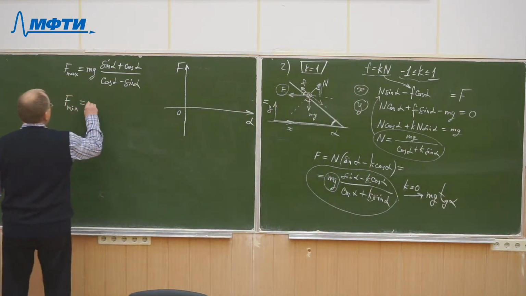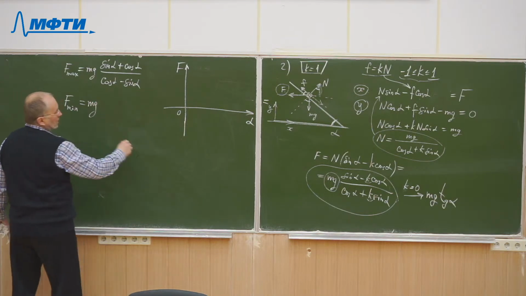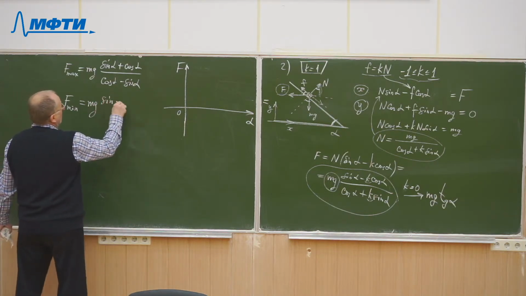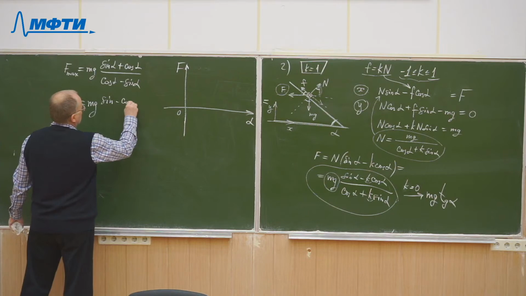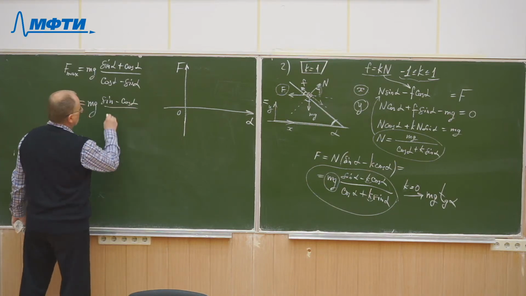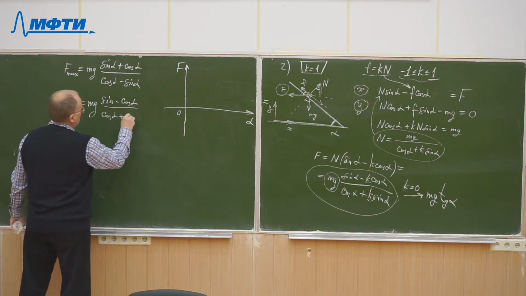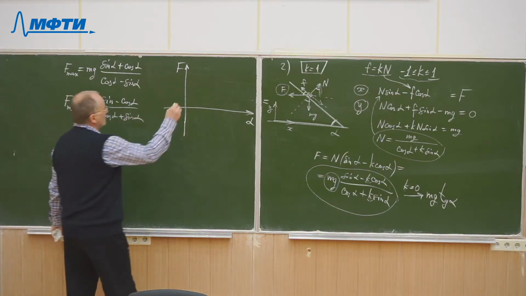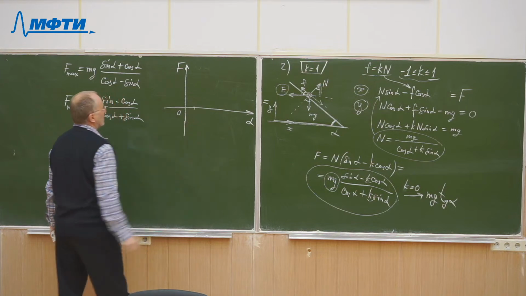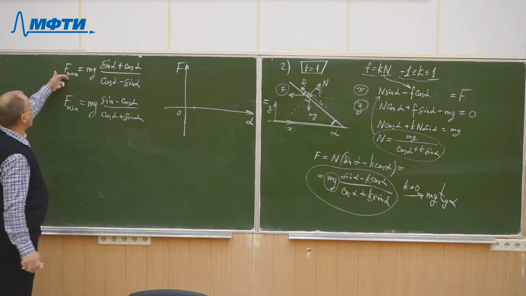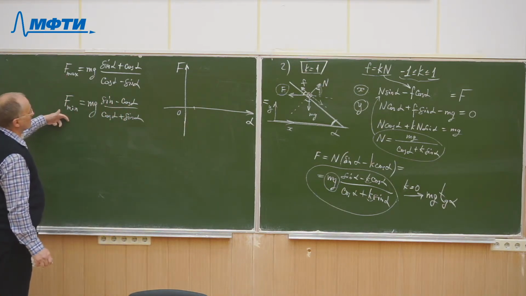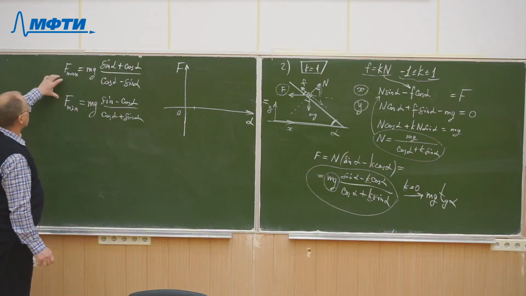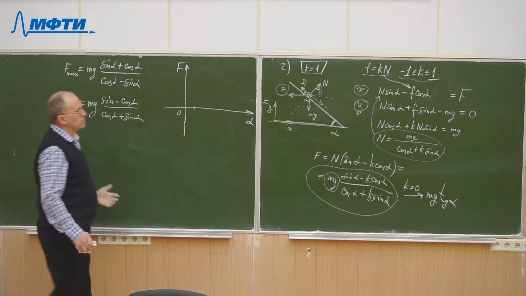So the minimum possible force will be mg times (sine alpha minus cosine alpha) divided by (cosine plus sine). So at any given alpha, you will have maximum and minimum forces, and any value between these two quantities will be good.